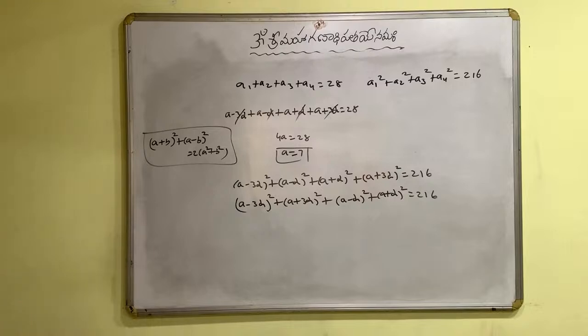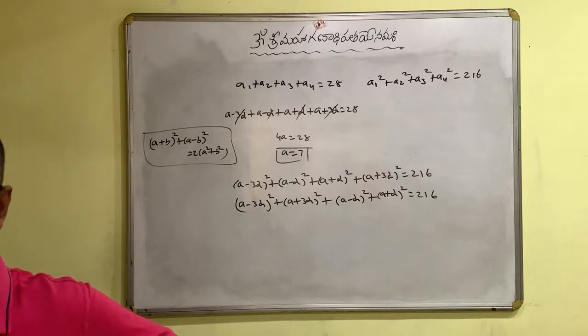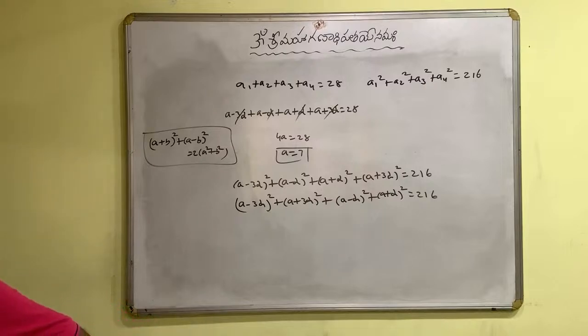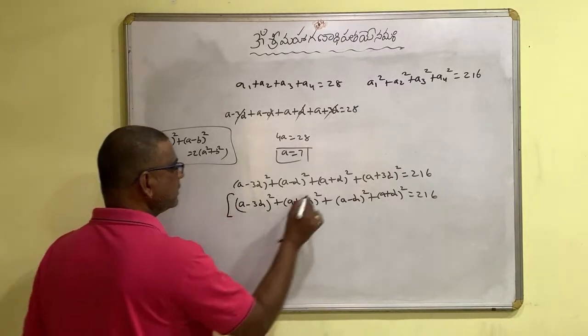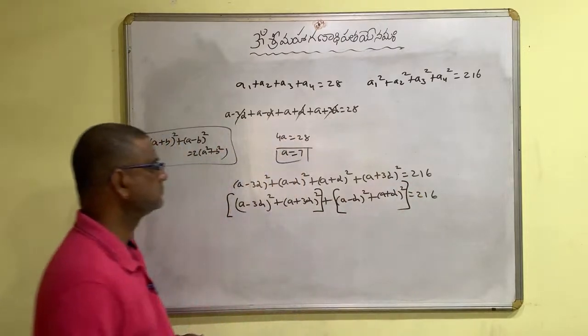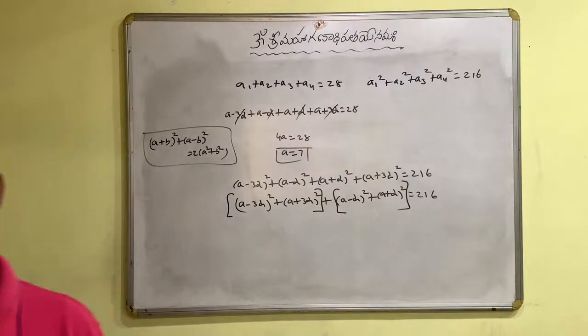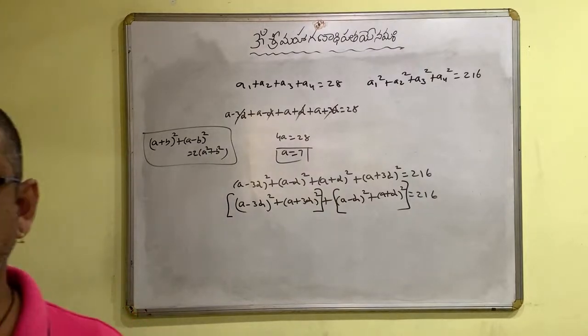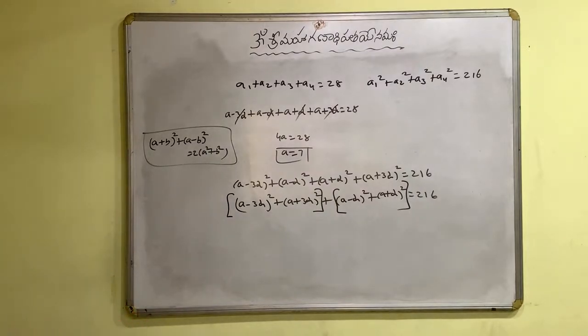Now observe this one and this one: a minus 3d whole square plus a plus 3d whole square.